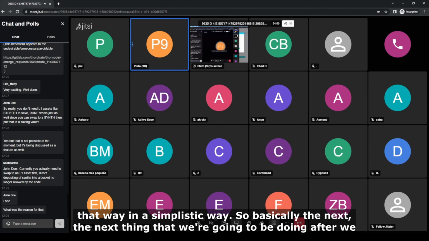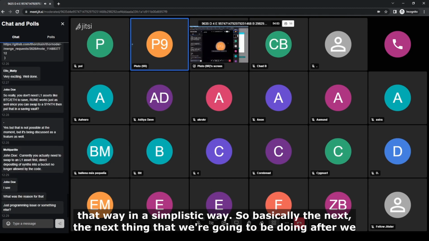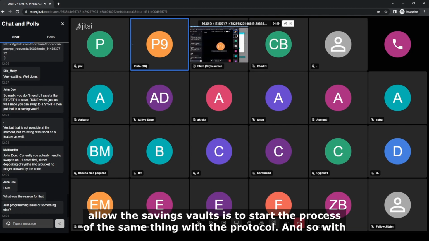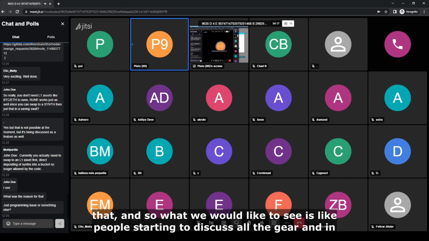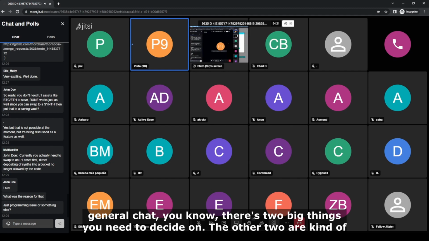So the next thing that we're going to be doing after we roll out the savings vaults is to start the process of enabling protocol owned liquidity. And so what we would like to see is people starting to discuss both here and in the general chat.